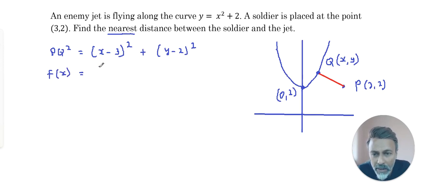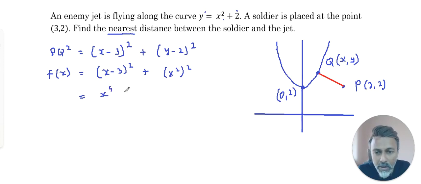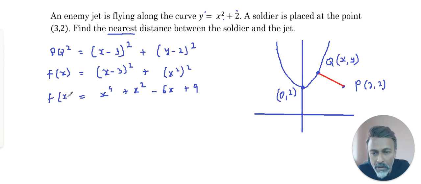So this is (x minus 3) whole square plus, from here you can see, y minus 2, which would be x square. So we can straight away write this as (x square) whole square. This gives x raised to 4 first, plus x square minus 6x from the (x minus 3) whole square expansion, plus 9.